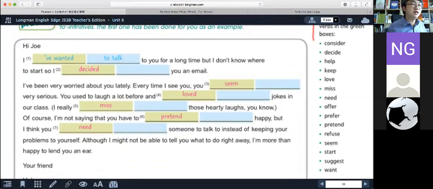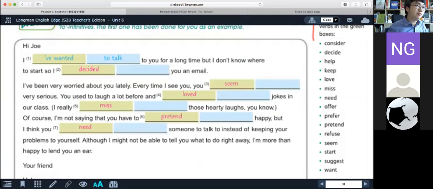So these are the first words of each question of this exercise. And you have to tell me the second one. So there are two requirements. First, you have to identify the correct words. Second, you have to think about whether or not to use a gerund or a to-infinitive.